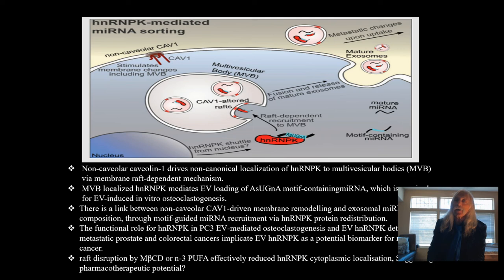Because if you don't get HNRNPK into the cytosol, it won't be carrying with it the microRNA, and that microRNA is associated with the cancer, with osteoclastogenesis, which is a phenotype of the cancer. So RAFT disruption by using this compound or any omega-3 fatty acid, which is polyunsaturated, that would mean something like eicosapentaenoic or docosahexaenoic, maybe docosapentaenoic of the omega-3 positional isomeric form, reduces HNRNPK cytoplasmic, suggesting pharmacotherapeutic potential. Put a question mark there.